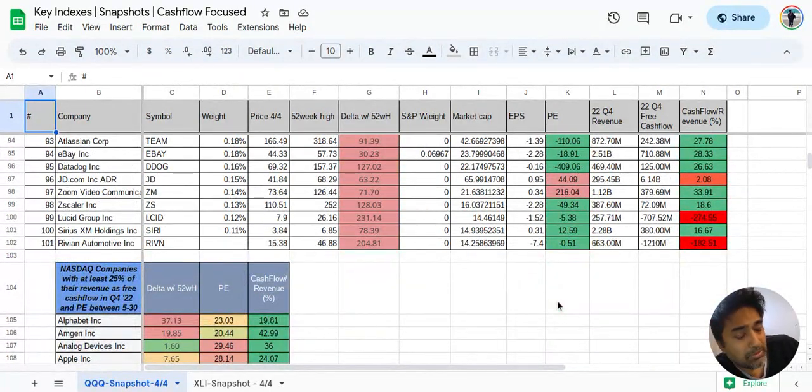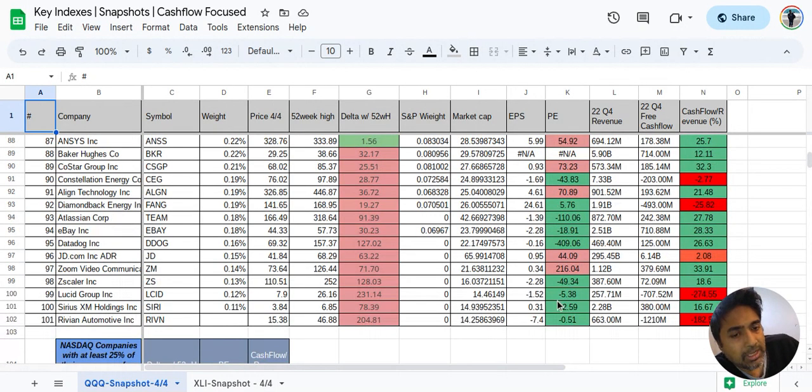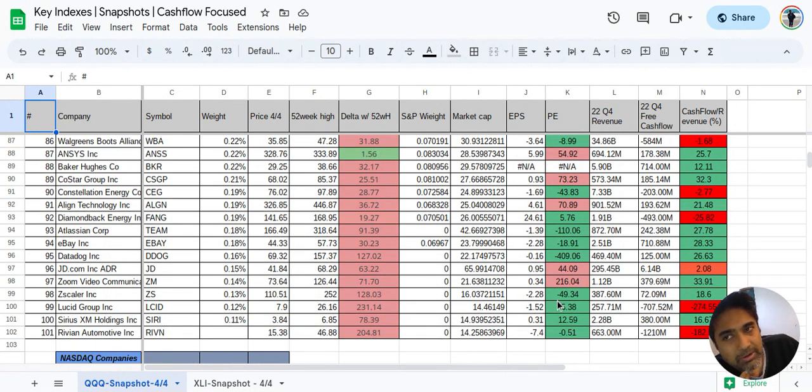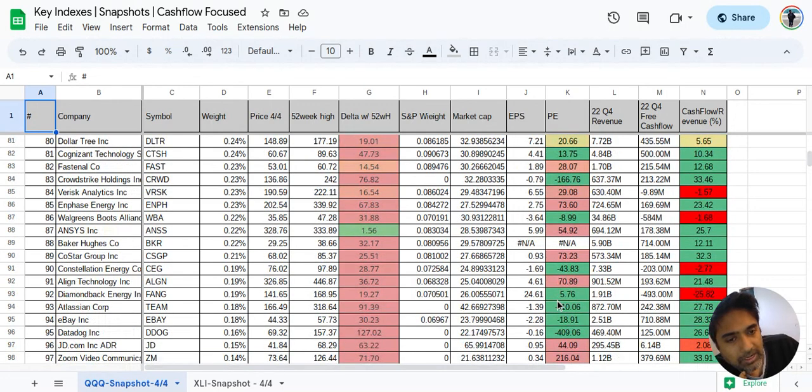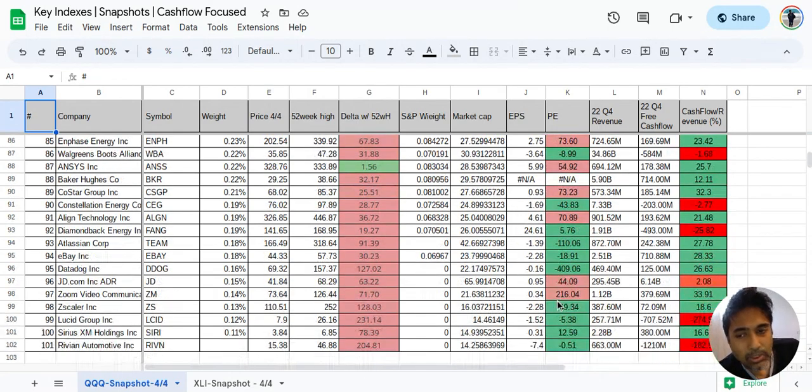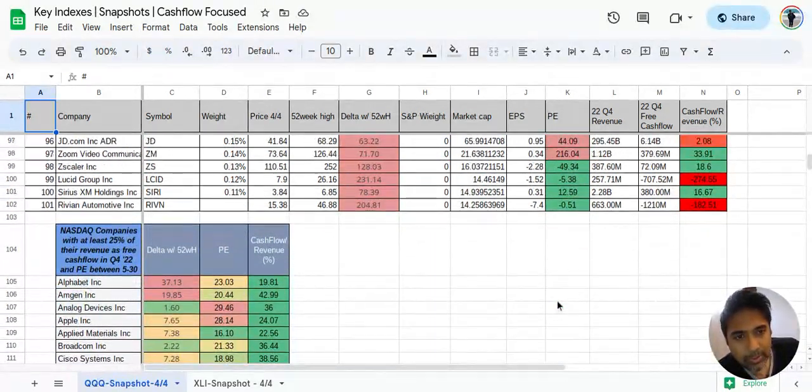The growth companies like XLY, discretionary growth companies, have higher PE. But in Nasdaq, most of these either have a high PE or a negative earning. A company would not be listed in S&P if the EPS is negative, but in Nasdaq, no problem, you can be. So that's why you have to be careful.